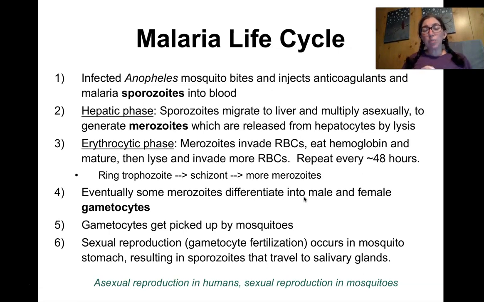But it is a huge problem in areas where it's endemic, where it's in the animals and the people, and there's tons of mosquitoes in a tropical setting. And it's very difficult to control because it's hard to prevent yourself from getting bit by mosquitoes. And there are lots of prevention methods we'll talk about to prevent getting bit by mosquitoes, but complete prevention is nearly impossible.